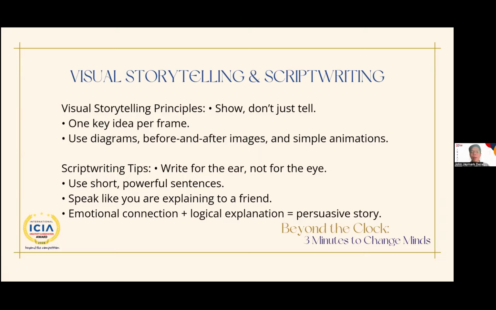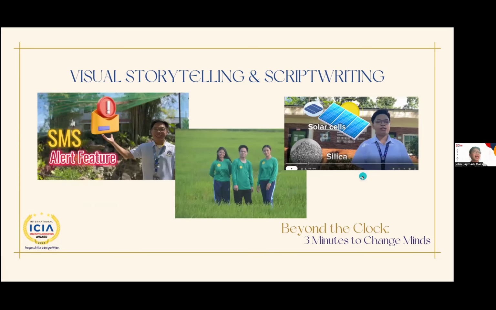One key idea per frame, and you can use diagrams, before and after images, and simple animations. And the script writing tip is to write for the ear and not for the eye. You can use short, powerful sentences for that.